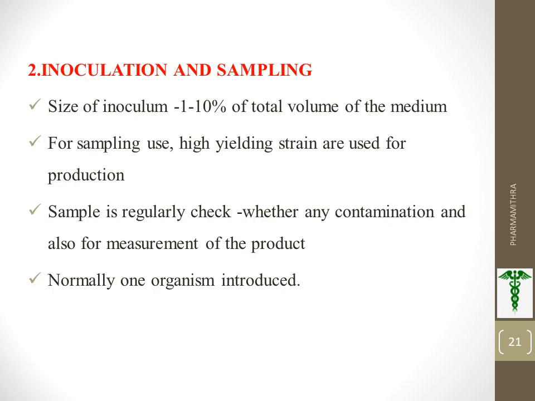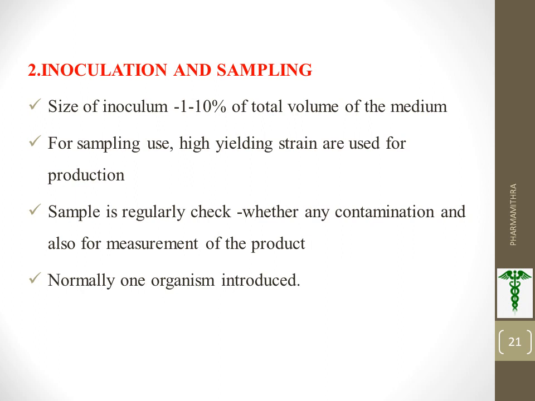The second operation is inoculation and sampling. Inoculum means a mixture of cultured microbes along with the media in which the organism is growing, and the size of the inoculum should be between 1 to 10 percent of the total volume of the medium.